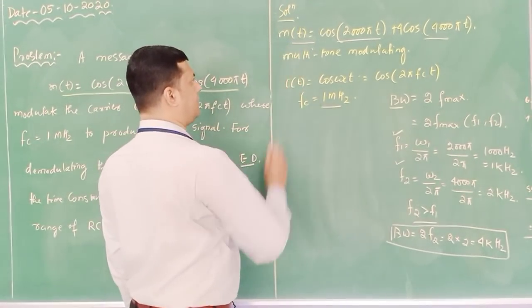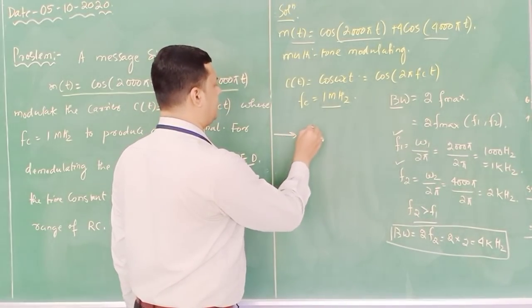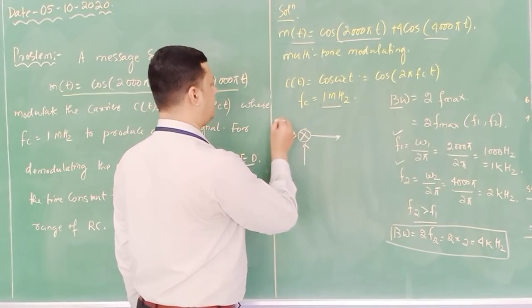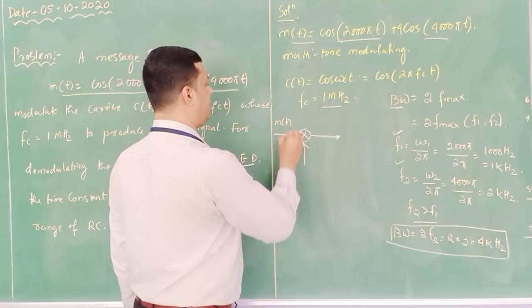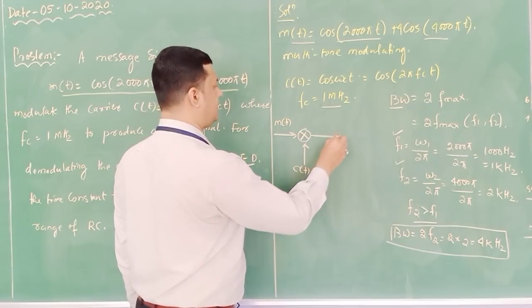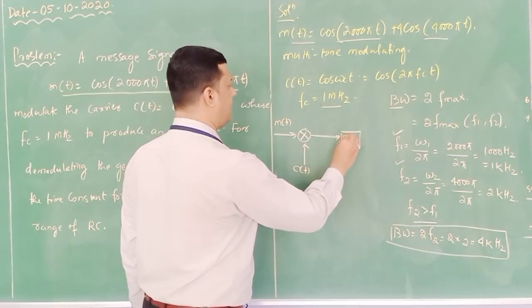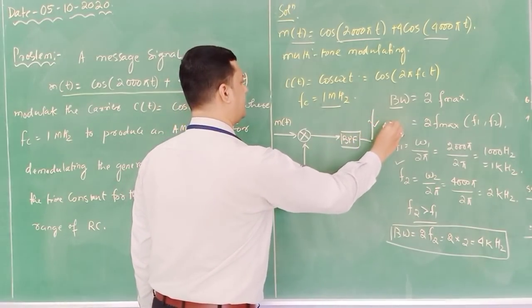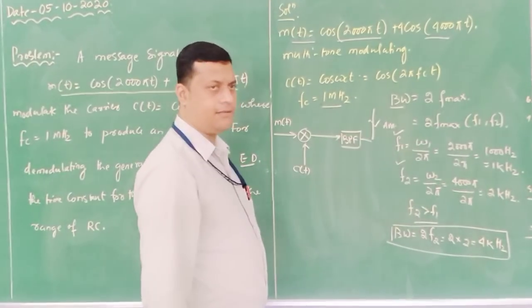So after modulation, this is my m of t, this is my c of t, passed through a band pass filter. We are transmitting an AM signal, which is a multi-tone signal. Okay.